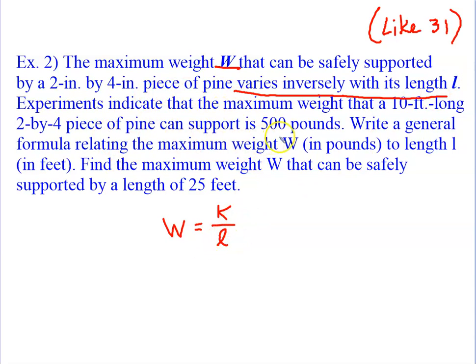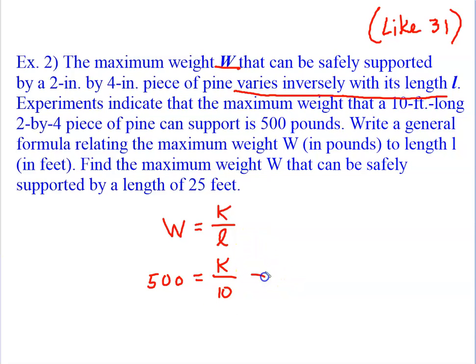Okay, so now they're going to give us some information to help us find out what K is. Experiments indicate that a 10-foot long 2x4 piece of pine can support a maximum weight of 500 pounds. Okay, so weight of 500 is supported by a length of 10 feet.